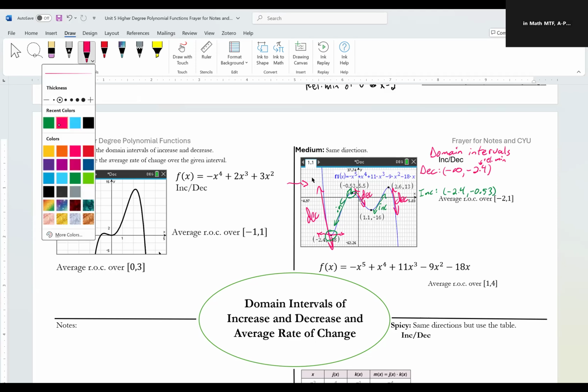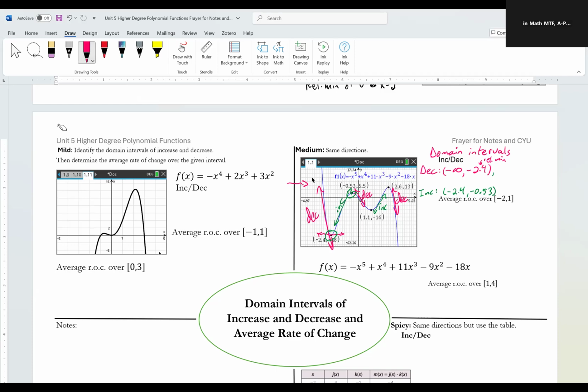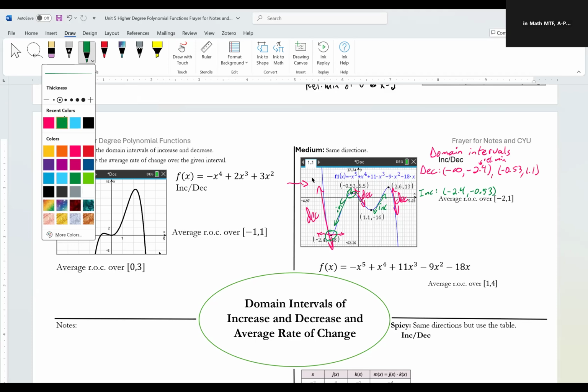Then we can see it because I've already color-coded it. Next section is decrease, and it picks up at that relative maximum of negative 0.53. Really strong evidence here is just noting that these are the relative extrema, because that shows an understanding that extrema are where these intervals change.